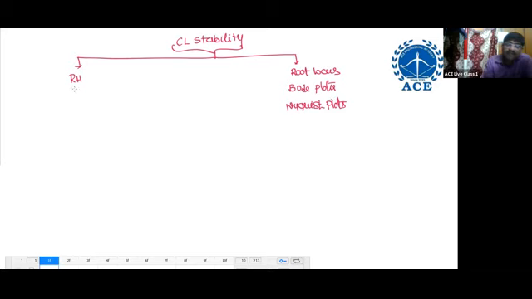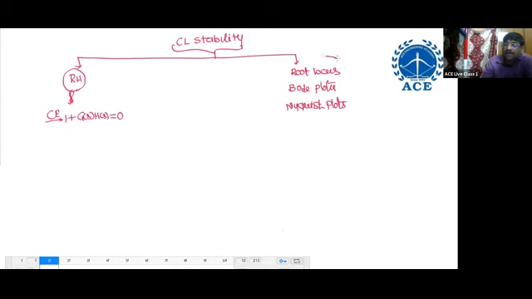But when you want to find the closed loop stability by using RH criteria, what I told, required characteristic equation, that is 1 plus G of S H of S equal to 0.